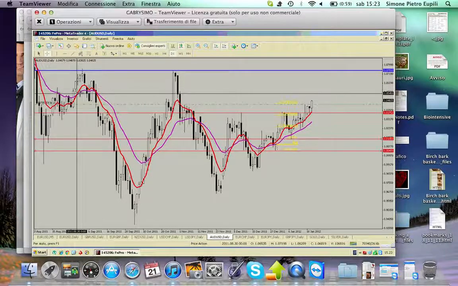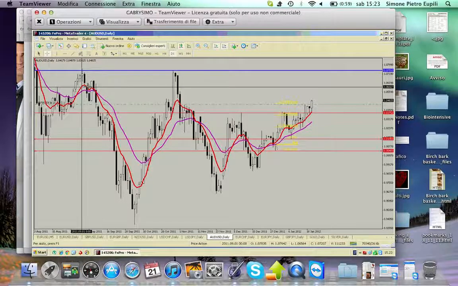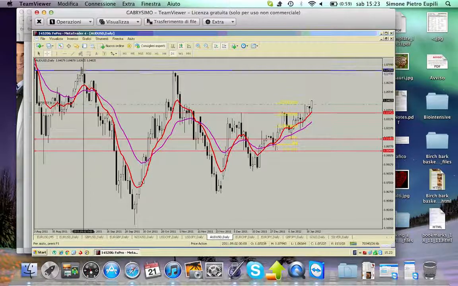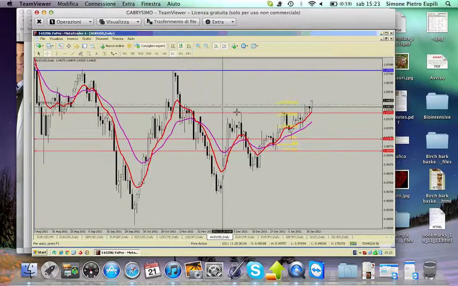As you can see, the moving average crossed to the downside always after testing this line, as it happened here, or this line.